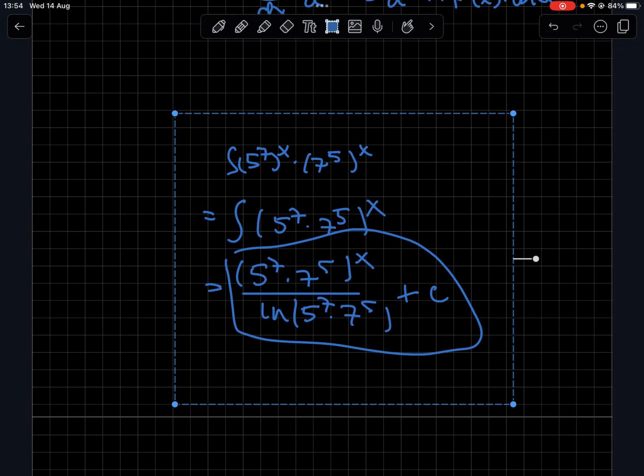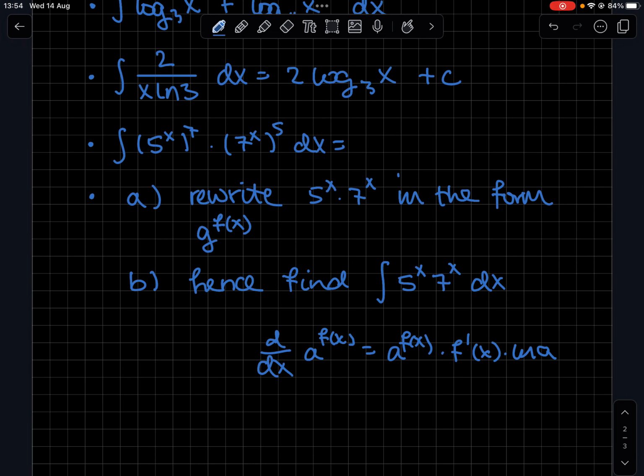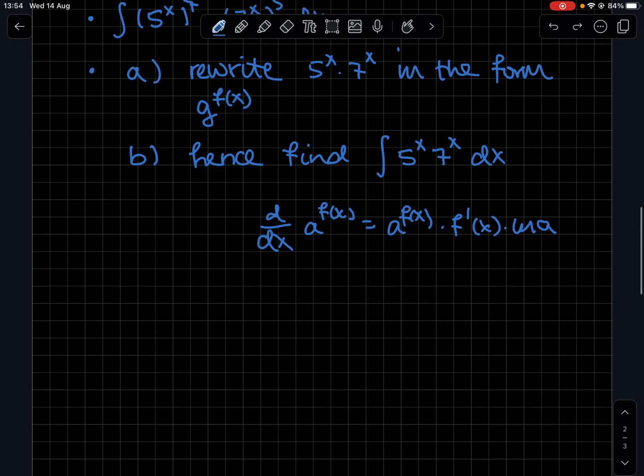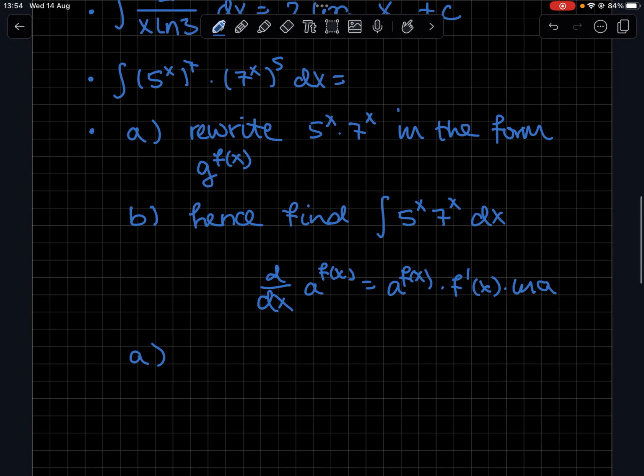Now, in the next exercise, we're going to do something similar, but with another method. So the first step, A, is to rewrite 5 to the power of x times 7 to the power of x in the form g to the power of f of x.